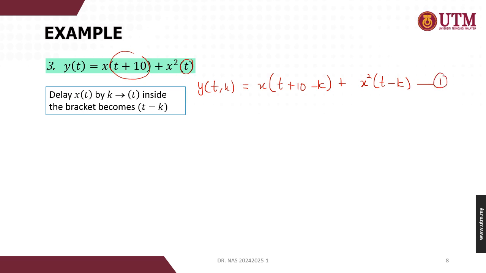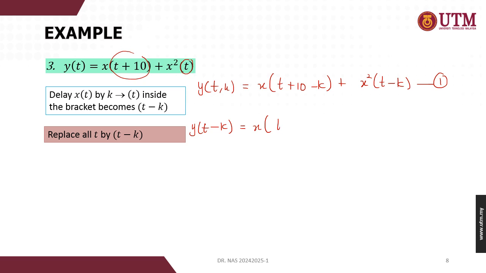Second, replace all t inside and outside the bracket by t minus k. So now y(t minus k) equals x(t minus k plus 10) plus x squared (t minus k).